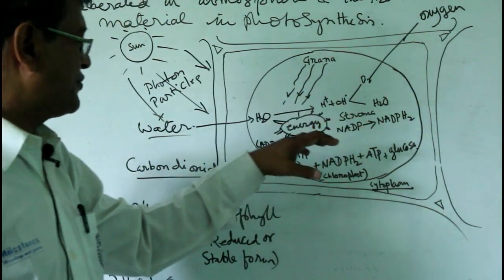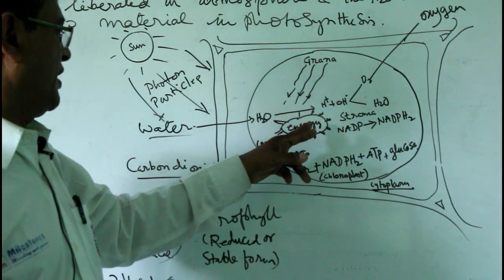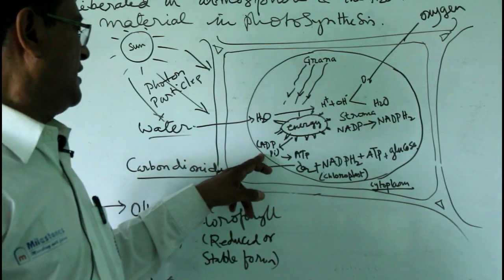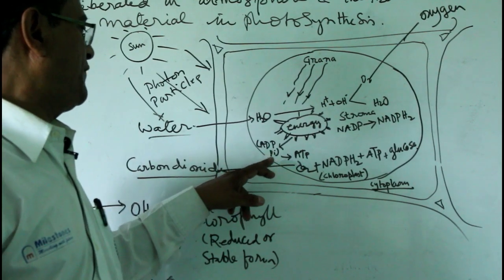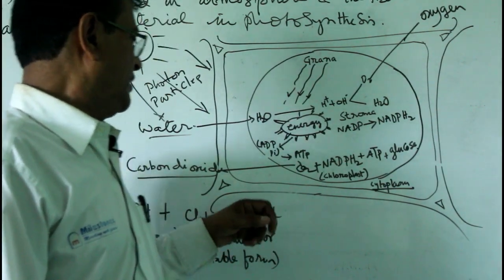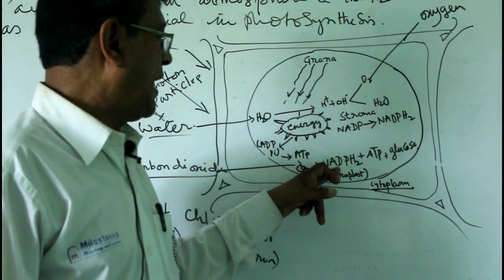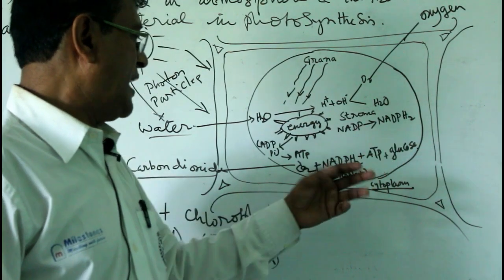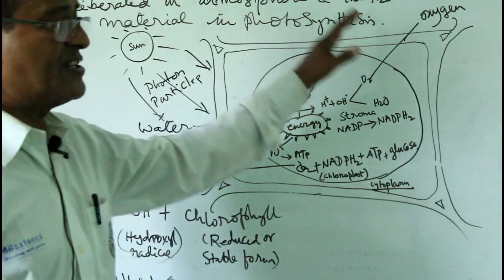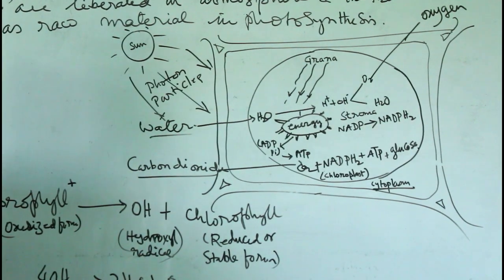In the stroma, the energy like ATP is formed by phosphorylation, inorganic phosphate adding to form adenosine triphosphate. This is the complete reaction when carbon dioxide comes in: carbon dioxide plus NADPH2 plus ATP gives glucose. All this you find inside the chloroplast, and this is a picture of the cell where you find it.